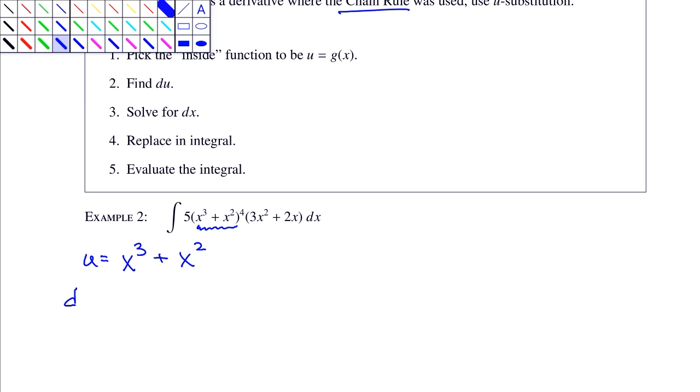All right, now find du. Du is basically the derivative of the u, but then you also multiply by the differential for x, so the dx. So the derivative of u is 3x squared plus 2x, all that times dx.